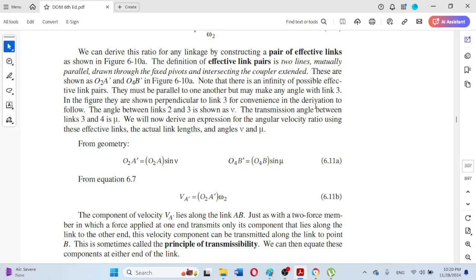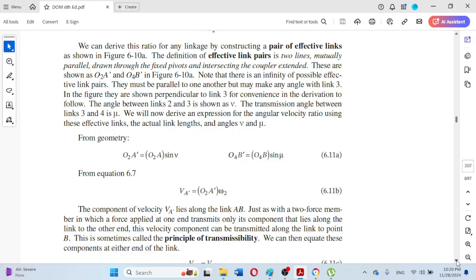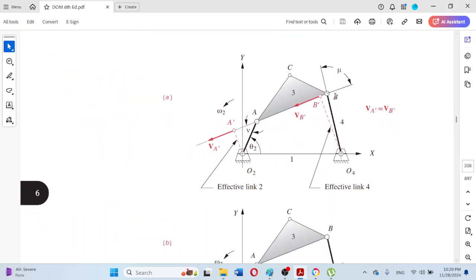So the transmission angle between link 3 and 4 is mu. As we can observe here, this is the angle mu, the angle of transmission, and this is the angle between this extended rocker link and this extended coupler link.